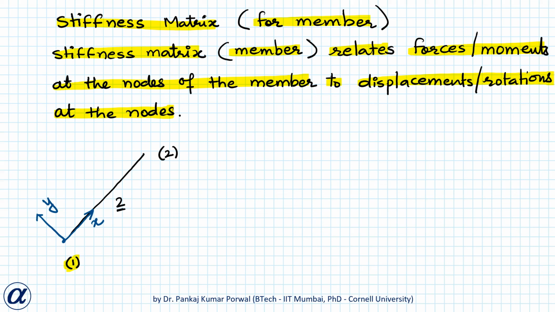So in general, there can be 1 degree of freedom at each node, and that will be the displacement along the length of the member, that is d1 and d2, and correspondingly we can have axial forces at the two nodes, and they are denoted by q1 and q2.